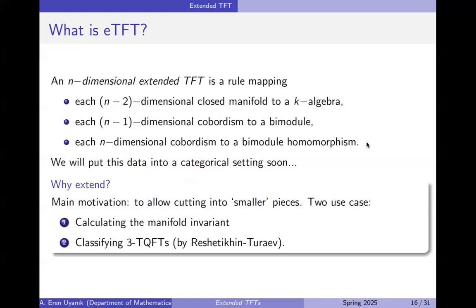But we cannot do it at that time because we have not associated data to a point. We missed that. This is the reason we extend. And this is useful in two ways. First, calculating manifold invariants. And second, this approach is used by Turaev and Reshetikhin in the classification of three-dimensional TQFTs. So this is our motivation.